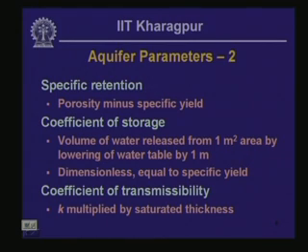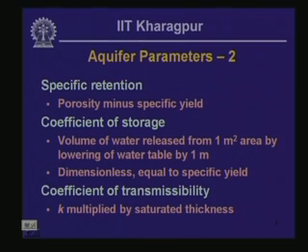The second concept on this slide is the coefficient of storage. Coefficient of storage is essentially equal to the volume of water released from 1 square meter area of the aquifer when the water table is lowered by 1 meter. Since it is volume divided by an area divided by a length, the unit of this term is nothing.